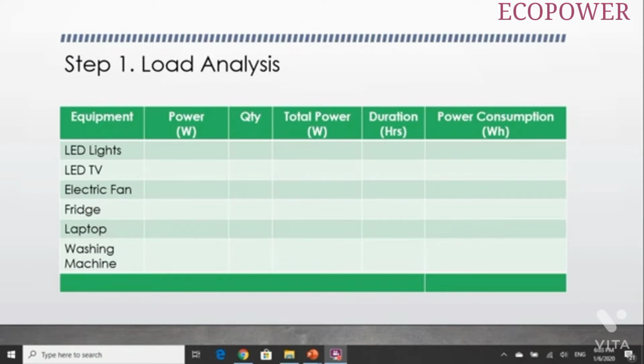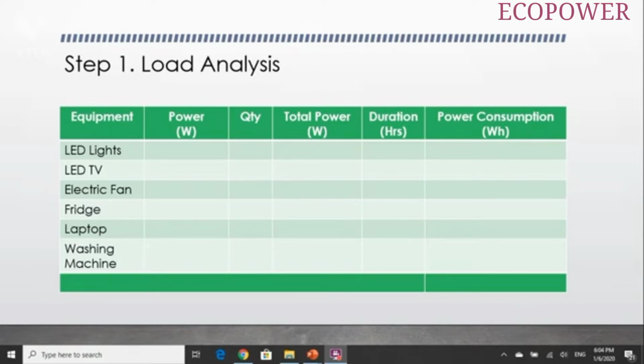Step 1, load analysis. For the load analysis for an off-grid setup, it's quite different. Here you need to list down all the electrical equipment inside your house. For this example, suppose we have LED lights, LED TV, electric fans, a fridge, a laptop, and a washing machine.